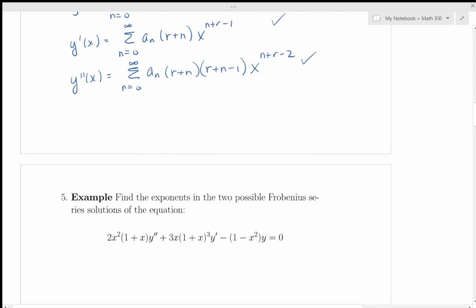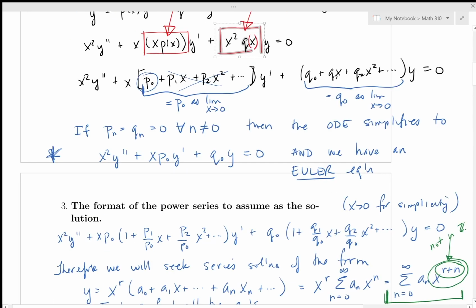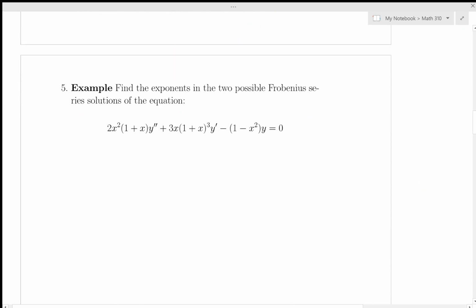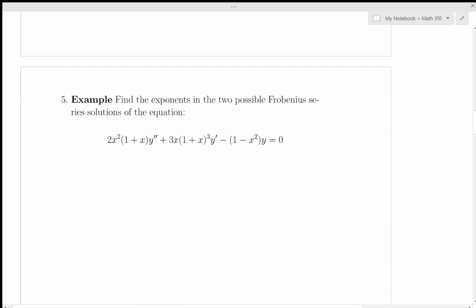Okay, so we want to assume a solution of the form y equals the sum from n equals 0 to infinity of a n x to the n plus r.